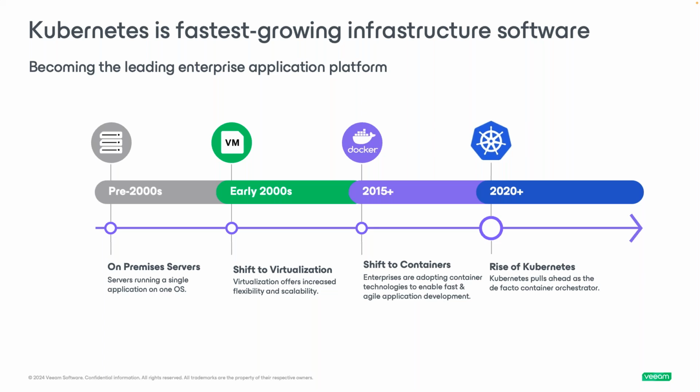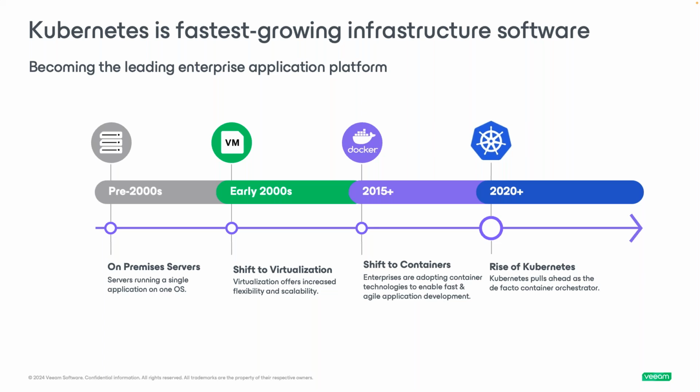Around 2015, people started to shift to containers, and one of the most famous is Docker. Then recently, from 2020 and above, we see enterprises start to go for Kubernetes.